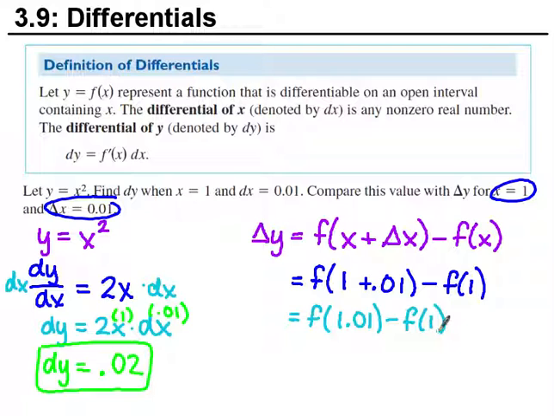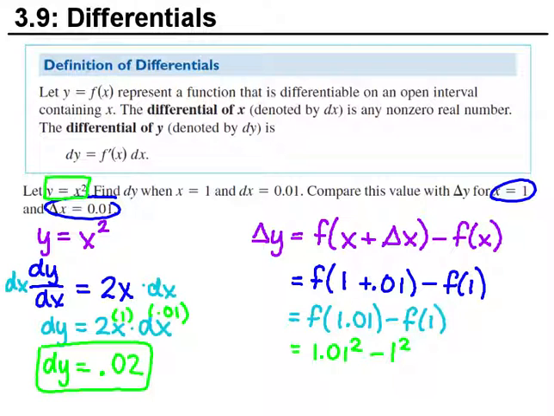Now I'm going to plug 1.01 into my original equation, and I'm going to plug 1 into my original equation. My original equation here is y equals x squared. So that ends up giving me 1.01 squared minus 1 squared. Whatever your original equation is, that's what you're going to plug it into.